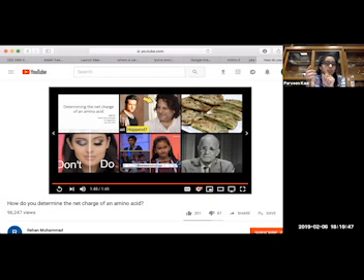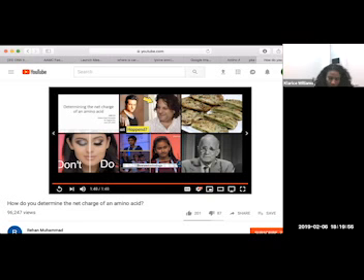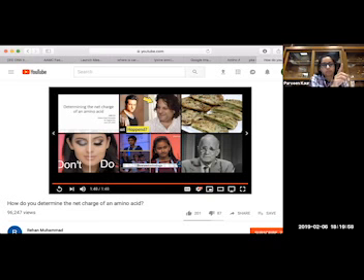Then the carboxyl group of the first amino acid makes a bond with the amino group of the second amino acid, and then the carboxyl group of the second amino acid makes a bond with the amino group of the third amino acid. So it goes carboxyl amino, carboxyl amino, carboxyl amino. Starts with amino though. Okay.